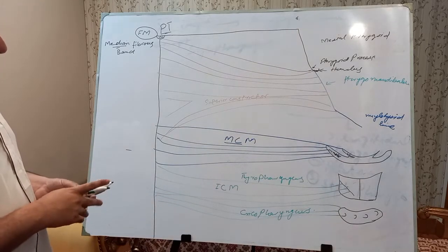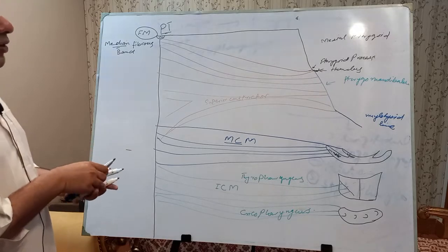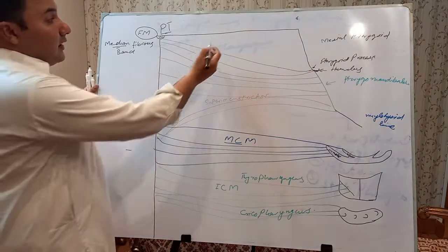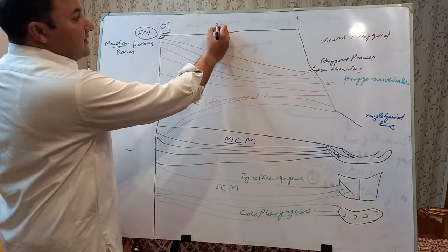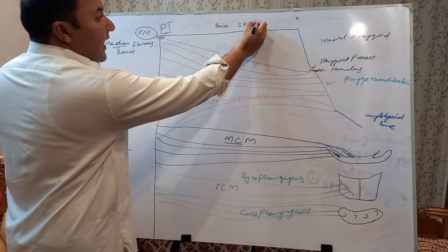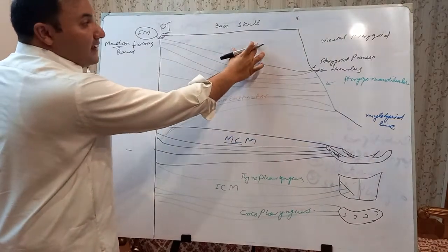You can see these muscles, but we have some important spaces found on the base of the skull. This is the base of the skull, and the superior constrictor muscle. We found this space.